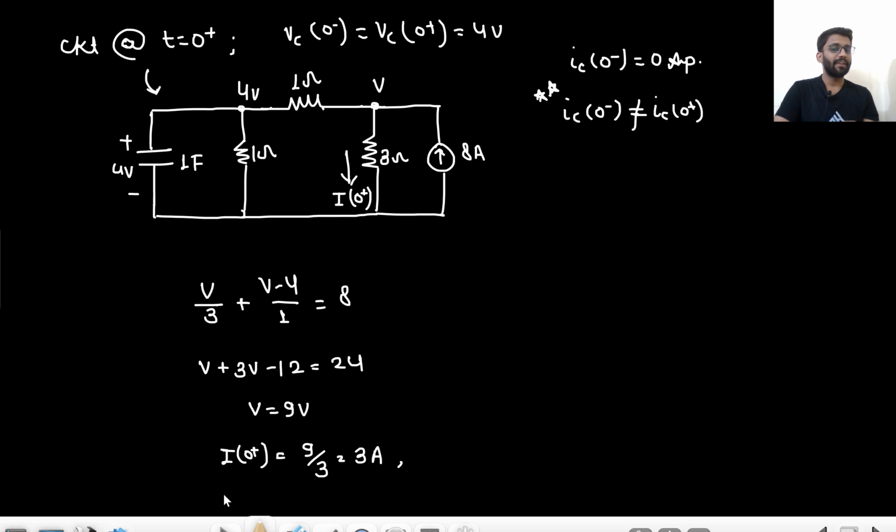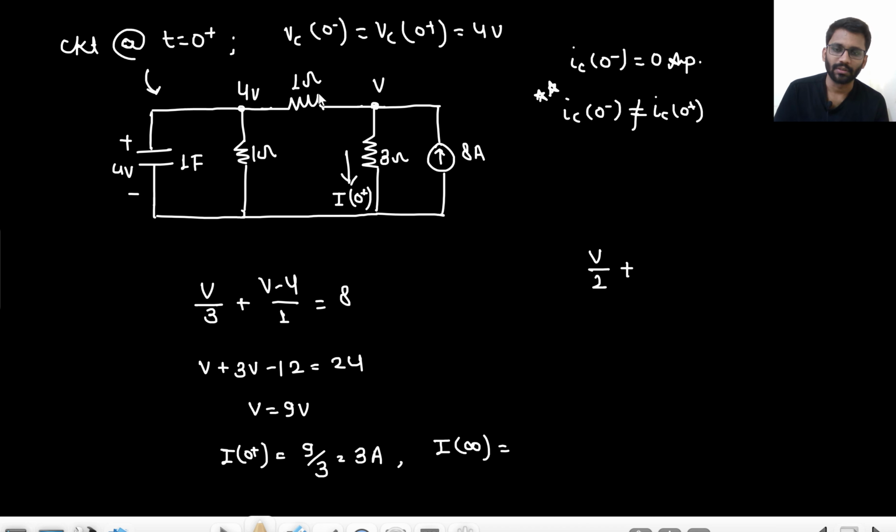Okay, what will be the value of I infinity? Tell me, what will be the value of I at infinity? That would be 4 ampere, right? No, sorry, that will not also be 4 ampere. Again we have to find. Why so? Because this will be open circuited, so we will apply the nodal analysis like this.